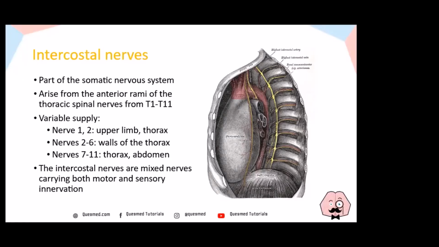And then 2nd to 6th cover your thorax, and then your 7th to 11th tend to come more inferiorly as they go anterior, and they cover your thorax, lower thorax and part of your abdomen. They're mixed nerves, so they contain both sensory and motor innervation, so they innervate your thoracic muscles as well.